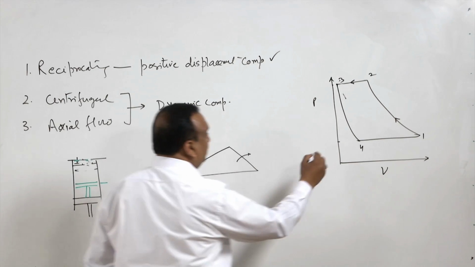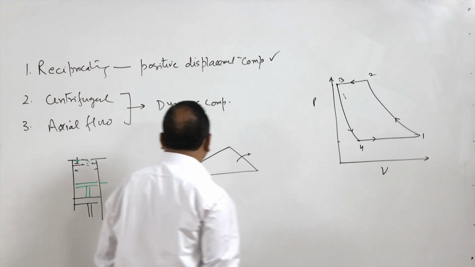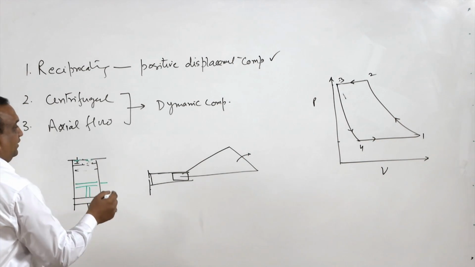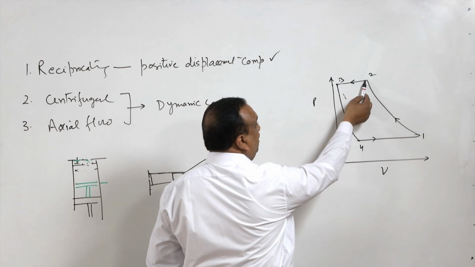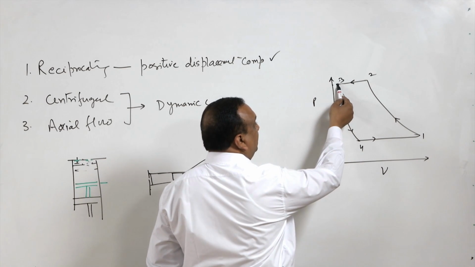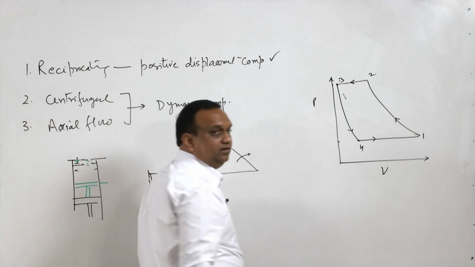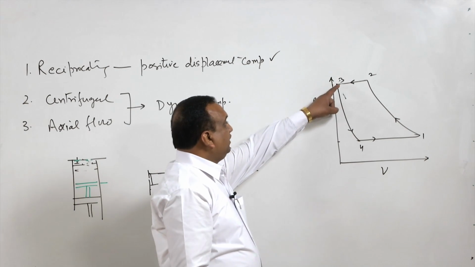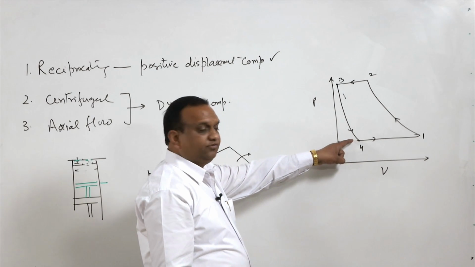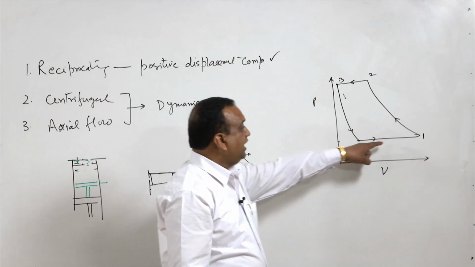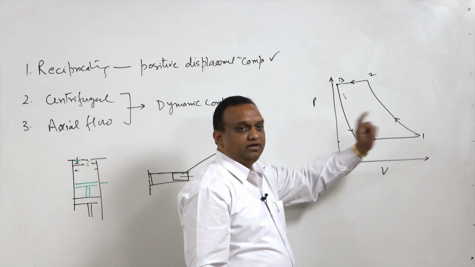Then the inlet valve will be opened, the fresh air will come in, both valves will close, then compression, the outlet valve will open, the high pressure gas will leave the cylinder, and then the outlet valve will be closed, the inlet valve will be open, then the expansion of gas takes place. In the return stroke, the inlet valve will open and the air will be breathed into the cylinder.